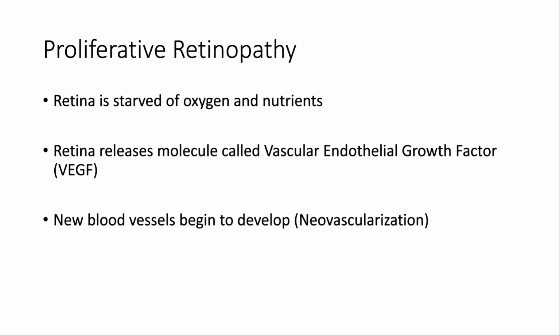So proliferative diabetic retinopathy, like I stated before, is where the retina is so starved of oxygen and nutrients because the blood vessels aren't working right to provide those nutrients to the cells in the retina, that the retina basically says, we have to figure out different ways to get more nutrients here. And so the cells in the retina will start to release molecules.